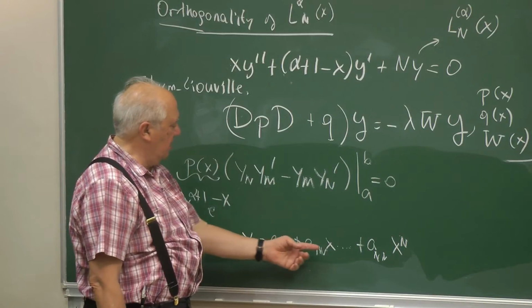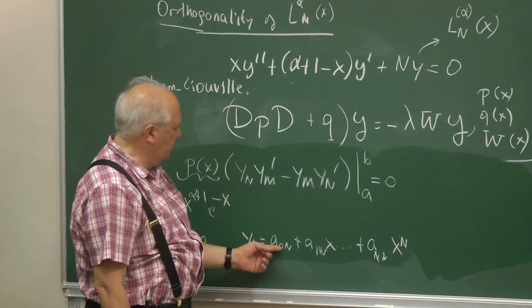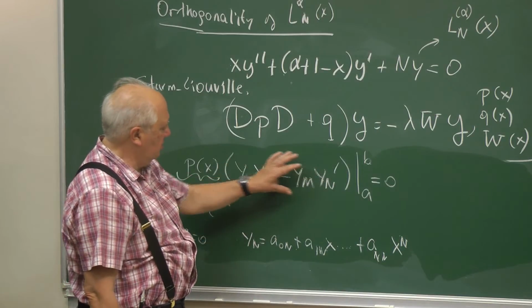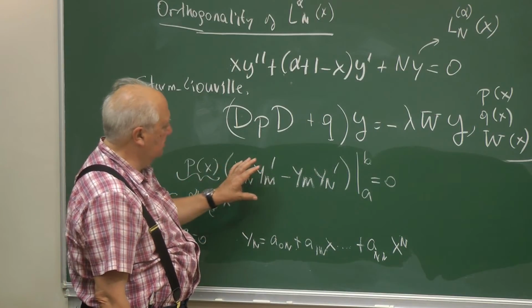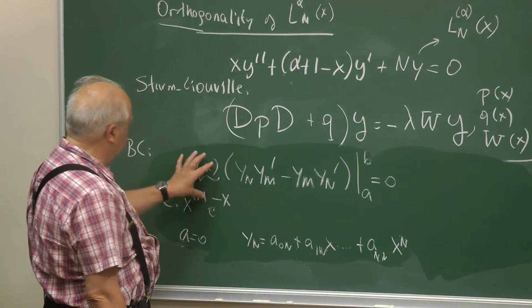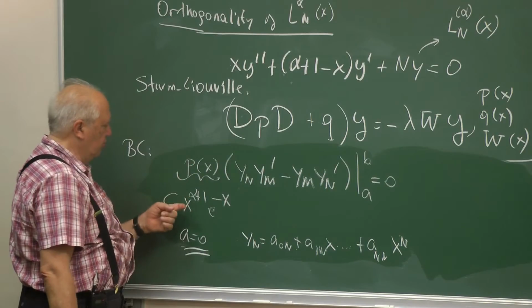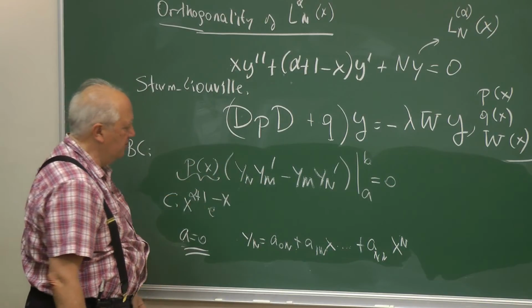Or if you set x equals 0, only this term remains. So this thing goes to a constant in the 0 limit, and that part goes to 0. So a equals 0 is okay. It goes to 0 because of that, and this doesn't cause a problem.